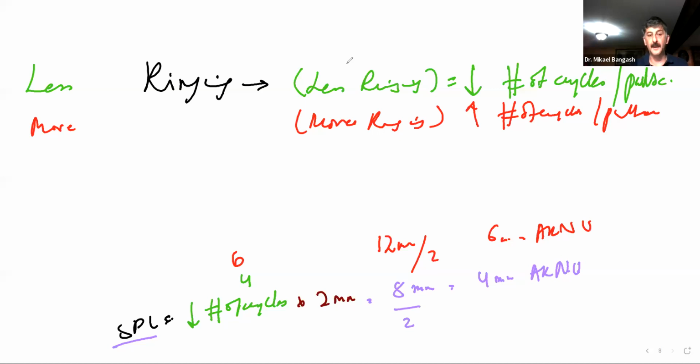But I hope everybody can agree that 6 is a greater numerical value than 4, right? How did we get 4? Mainly because of less ringing. How did we get 6 millimeters as the axial resolution's numerical value in this case? Mainly because of a pulse which had more cycles in the pulse.